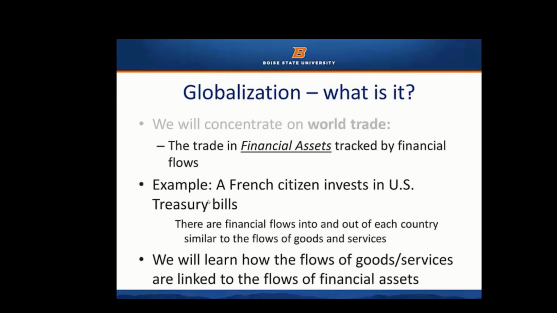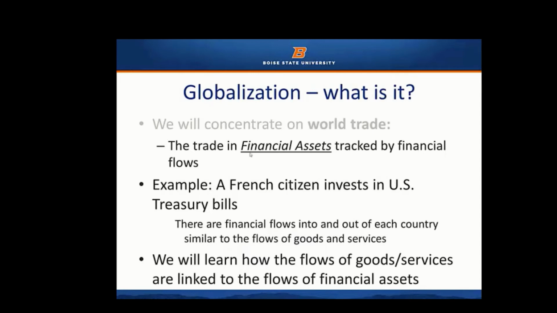So not only do we have trade flows, we also have flows of financial assets, so financial flows. And as we'll see later when we do the balance of payments, the flows of goods and services are tracked in the current account. The flow of financial assets are tracked in the capital account. They are intimately linked.